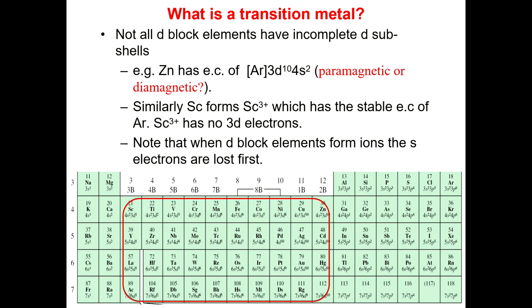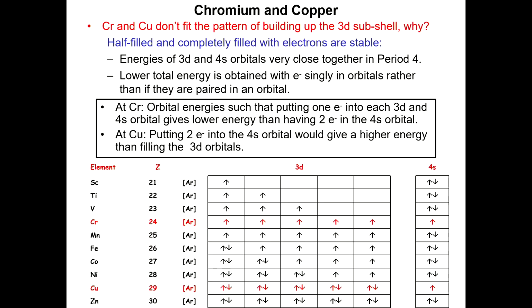So basically, what is a transition metal? Here we can see that transition metals have d block electrons, d orbital electrons, and basically they have single electrons. For example, here we can see this has single electrons, right?